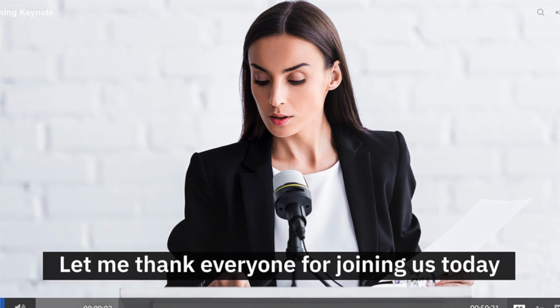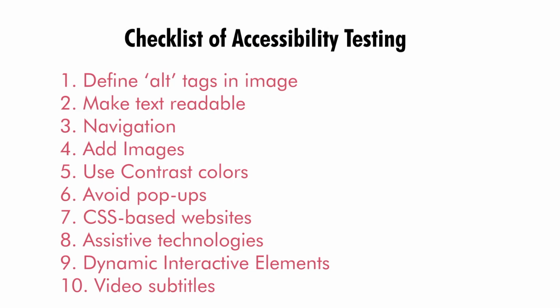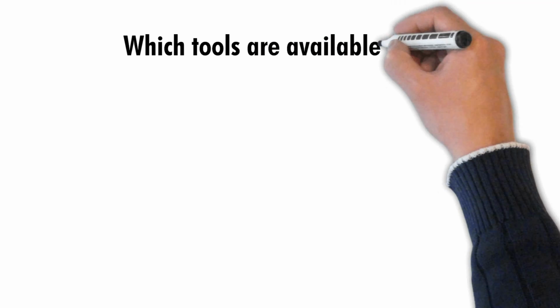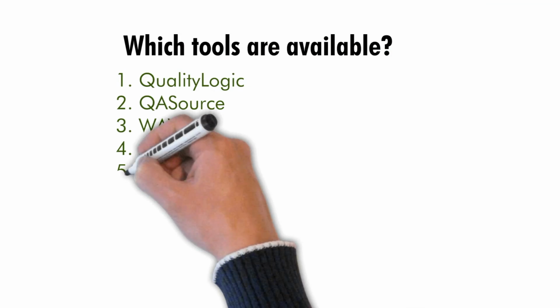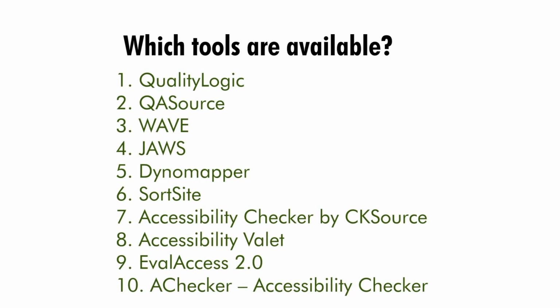Video subtitles. Videos should have subtitles in different languages for users having hearing impairments. There are a few tools which you can use for accessibility testing. The list I have given below. You can use any of the tools according to your requirements.